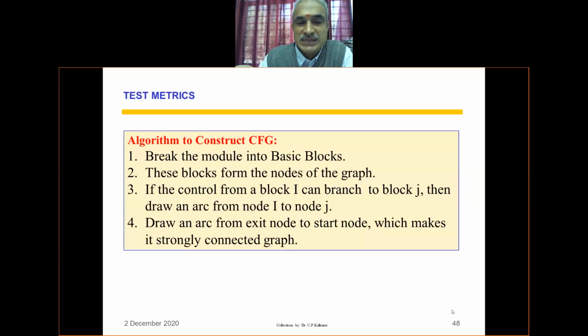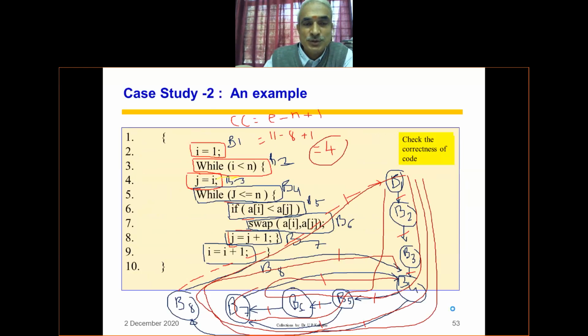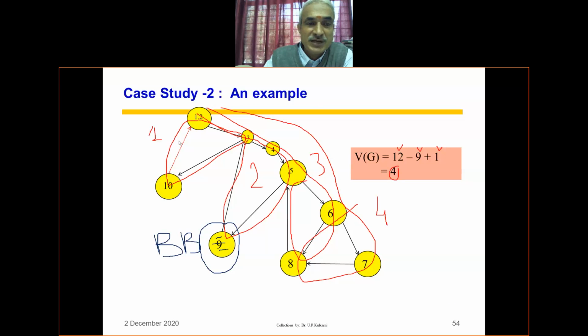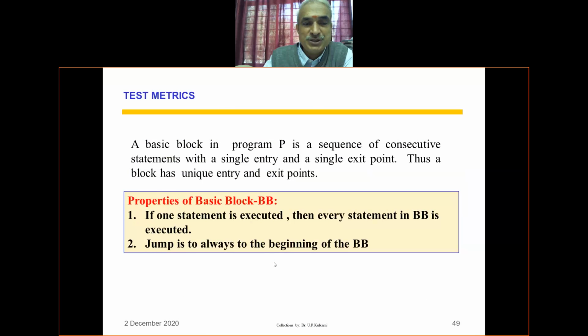Draw an arc from the exit node to the start node, which I showed with the red color, which makes it a strongly connected graph. Exit node to start node, but you put it with dotted lines like this. I'll show it here. Okay, strongly connected graph. This is the procedure that we use.